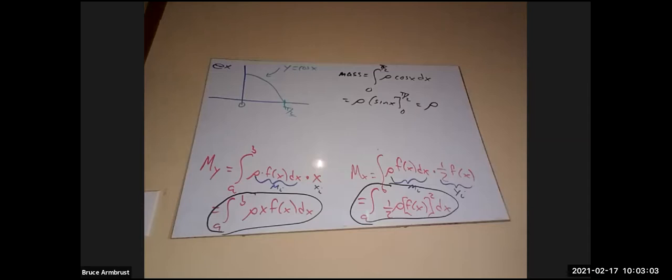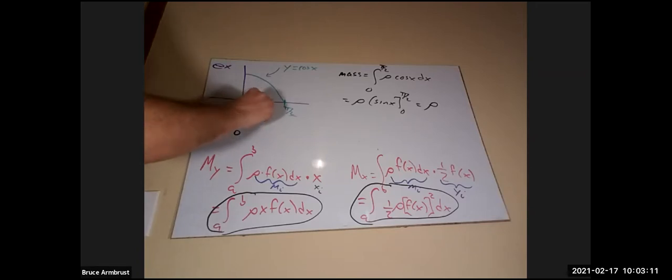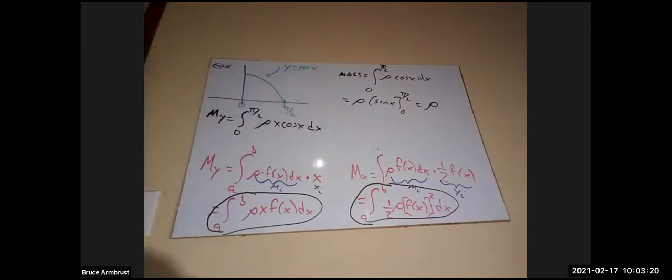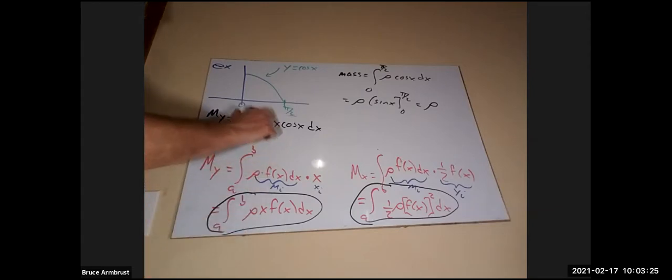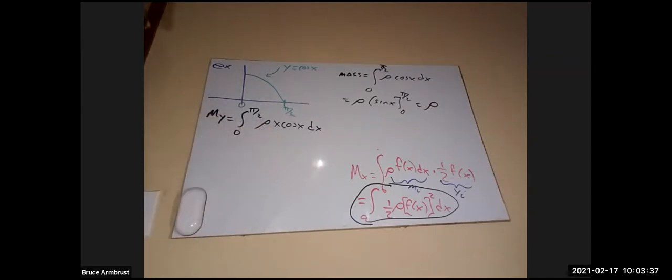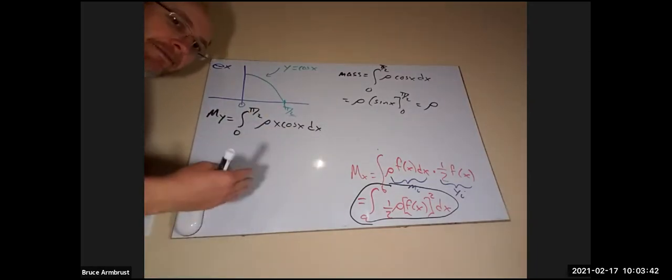So now let's find Mx and My. My is going to be the integral from 0 to pi over 2 of rho times x times f of x. For this one we're just going to take x times our function. Now this one, we don't know how to integrate. We haven't learned yet, but the collective we, it is possible to integrate.